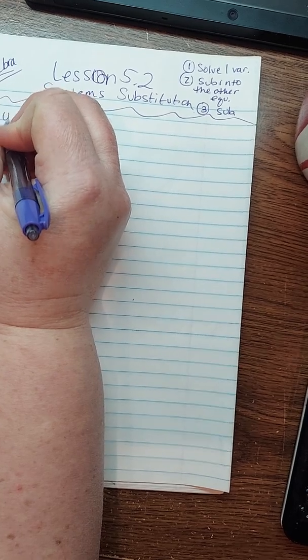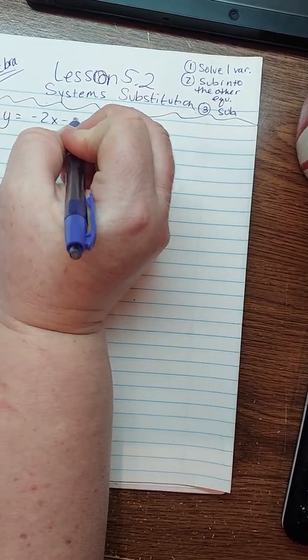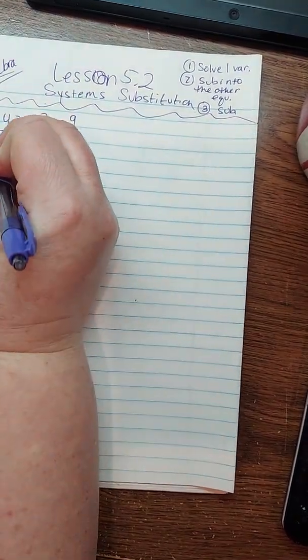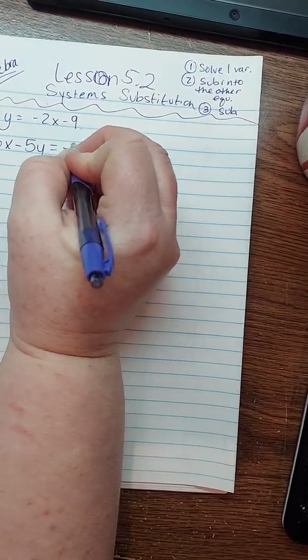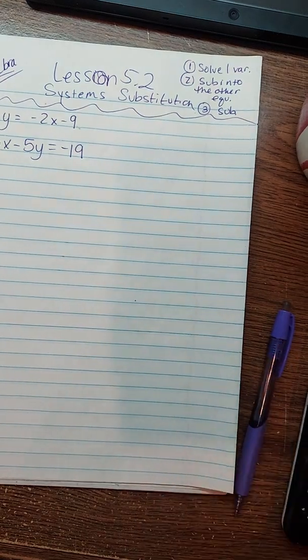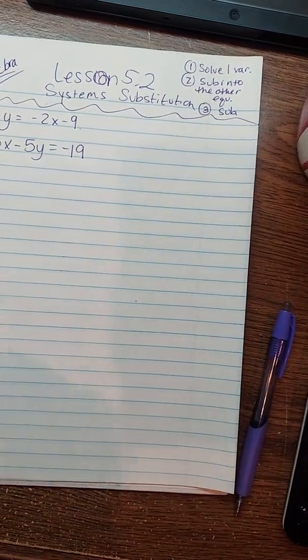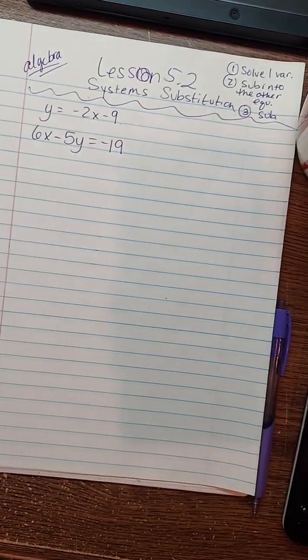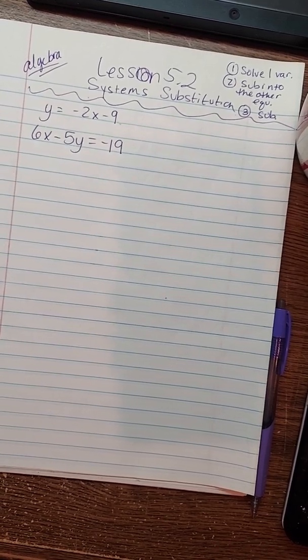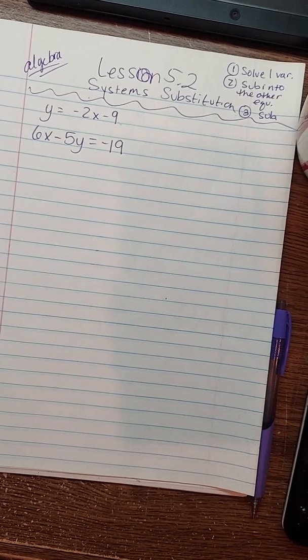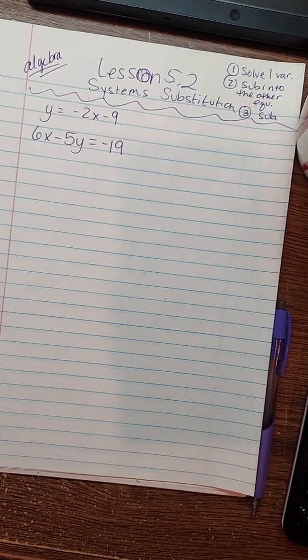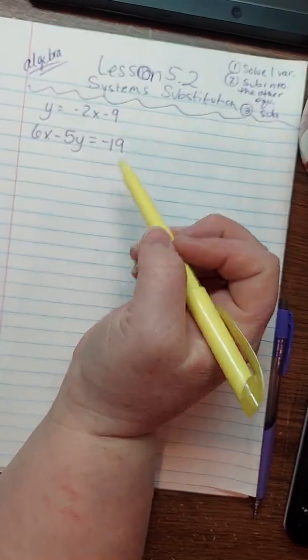So here's your system. And then 6x minus 5y equals negative 19. Okay, got to get my highlighter out. You know I like to use colors, right? So first of all, using substitution, you're going to practice all of these, but you want to look, do I have one of my variables in either one of my equations?